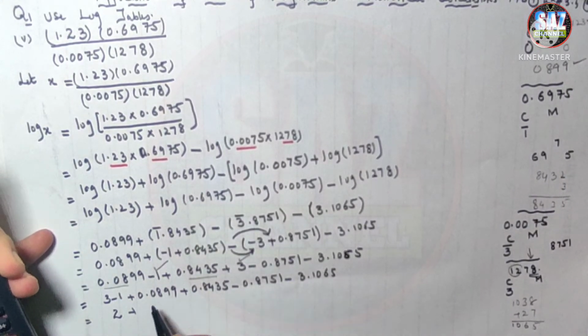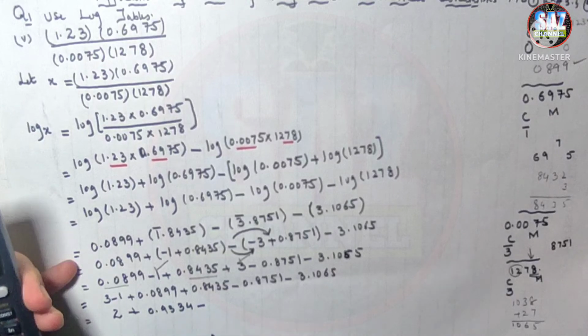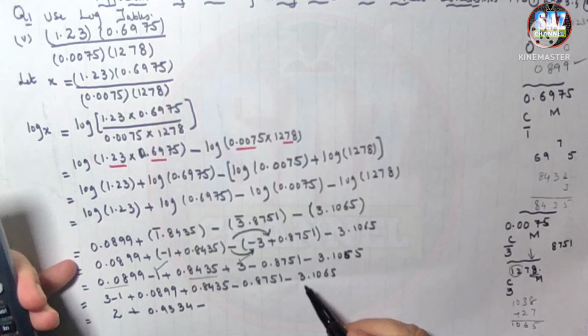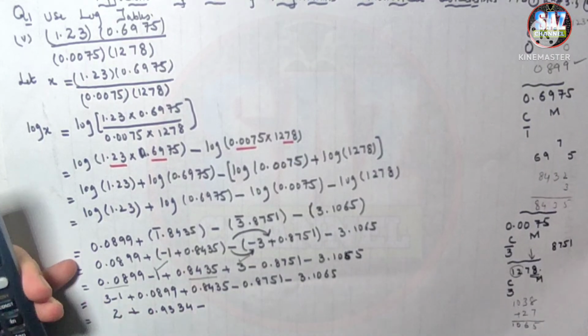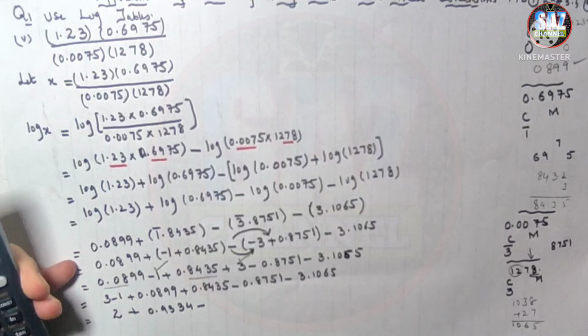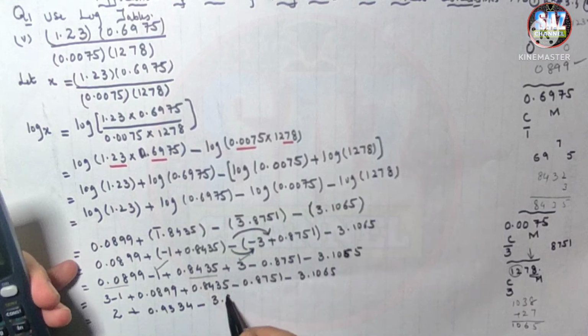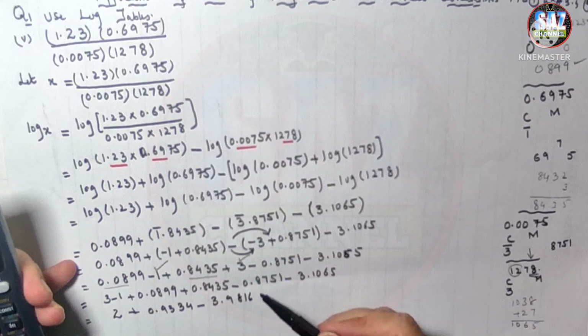This gives me 0.9334 minus, now these both of the quantities are negative, minus 0.8751 plus 3.1065. This gives me minus 3.9816. This can be your choice.